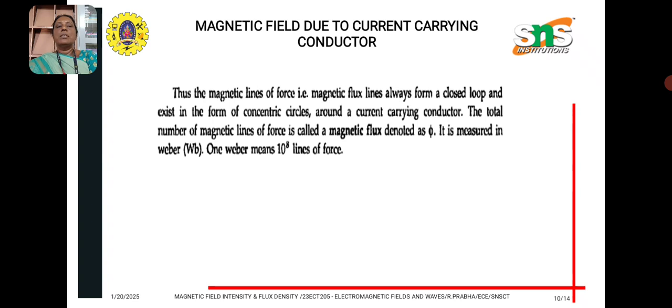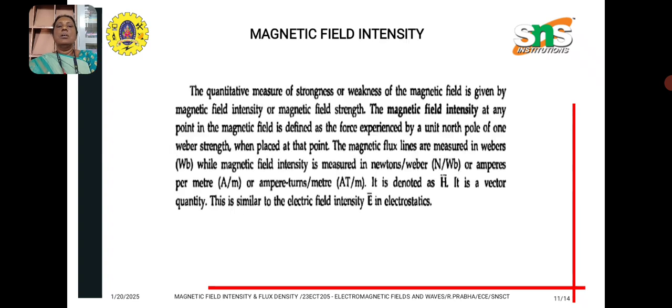1 Weber is 10 power 8 lines of force. Magnetic field intensity represents the quantitative measure of the strength or weakness of the magnetic field, and it is denoted by H, measured in amperes per meter or ampere turns per meter.